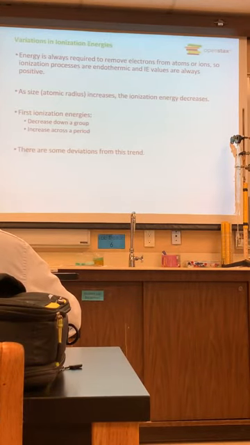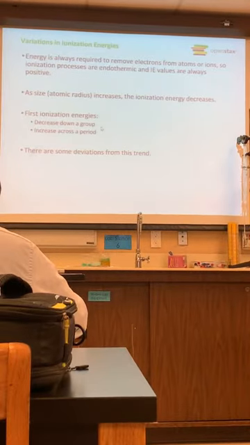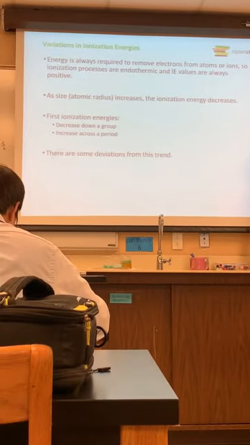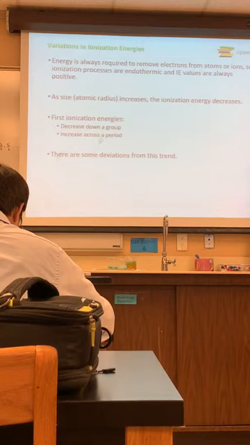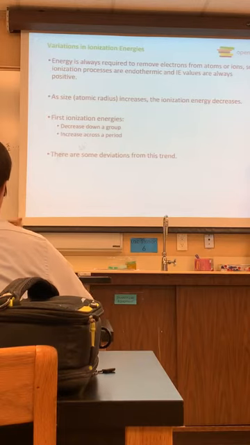So the ionization energy decreases when you go down a group. When the radius is bigger, the ionization energy is smaller. And it increases when you go from left to right across a row on the periodic table. Although there are some deviations from that pattern, and most of those come about because of which sublevel the electrons are in.